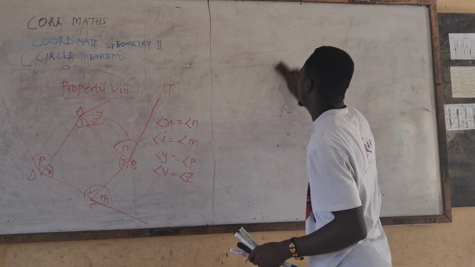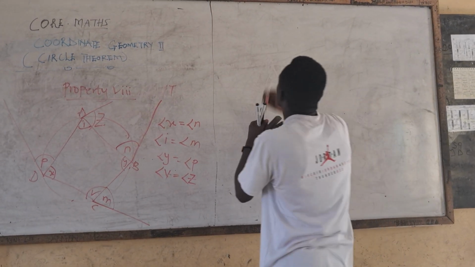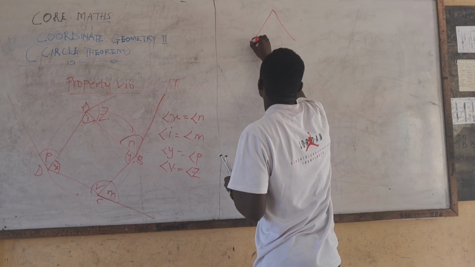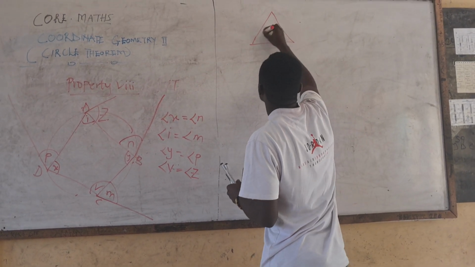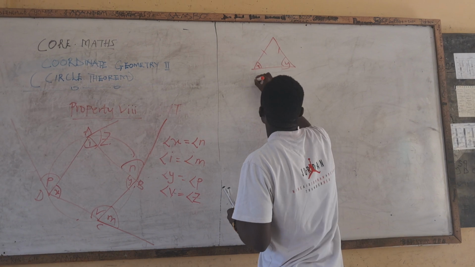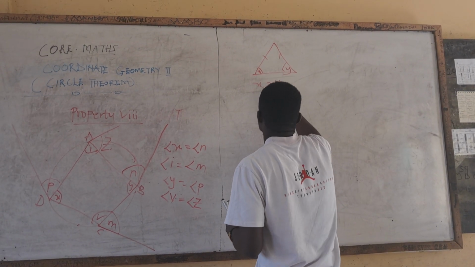Now, let's go back to what property 9 is. With this same idea, so let me draw it somewhere here. So therefore, we can see that x is equal to y.